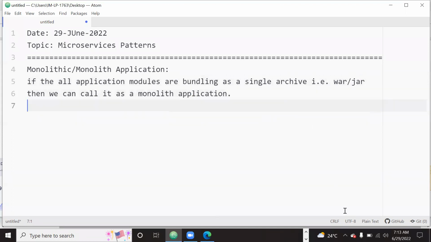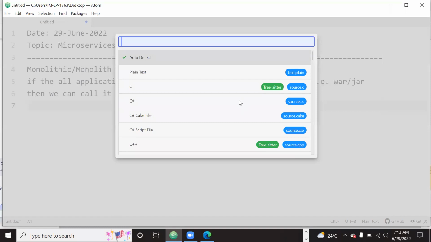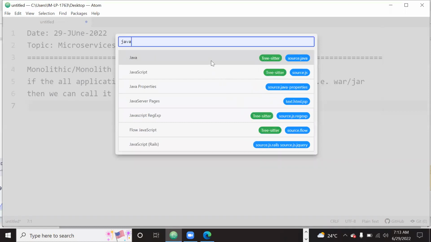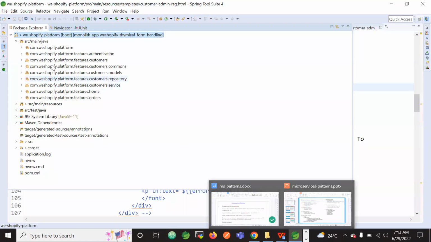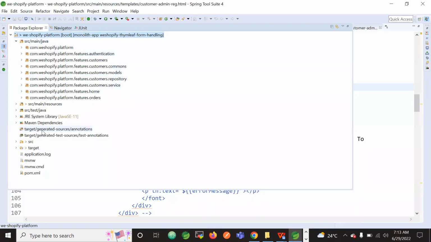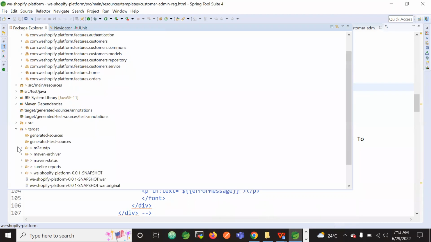That means all the modules are bundled as a jar or war. For example, as I have shown here, all these modules were bundled as a single war file or jar file.